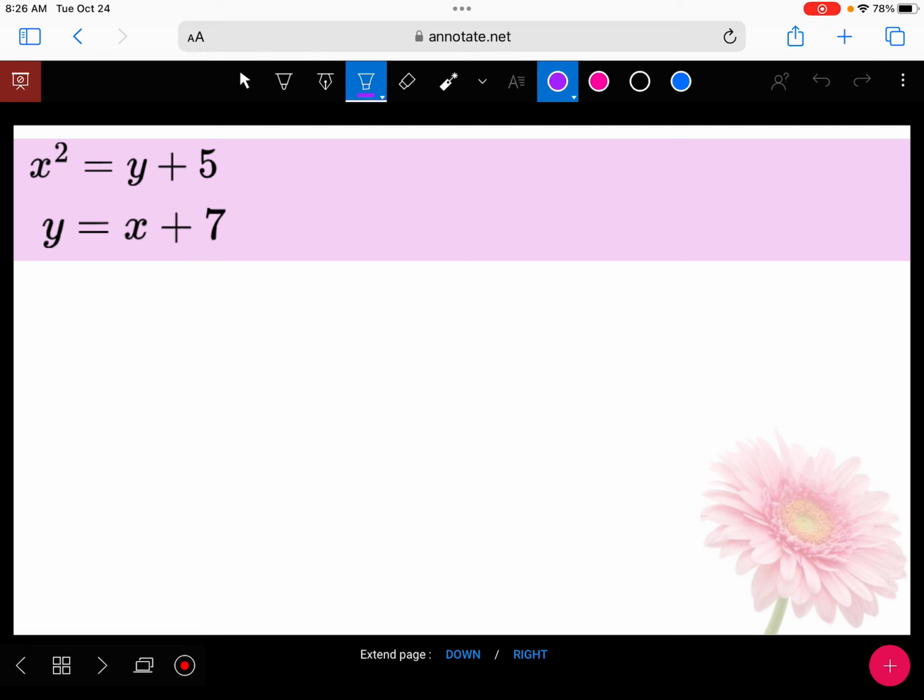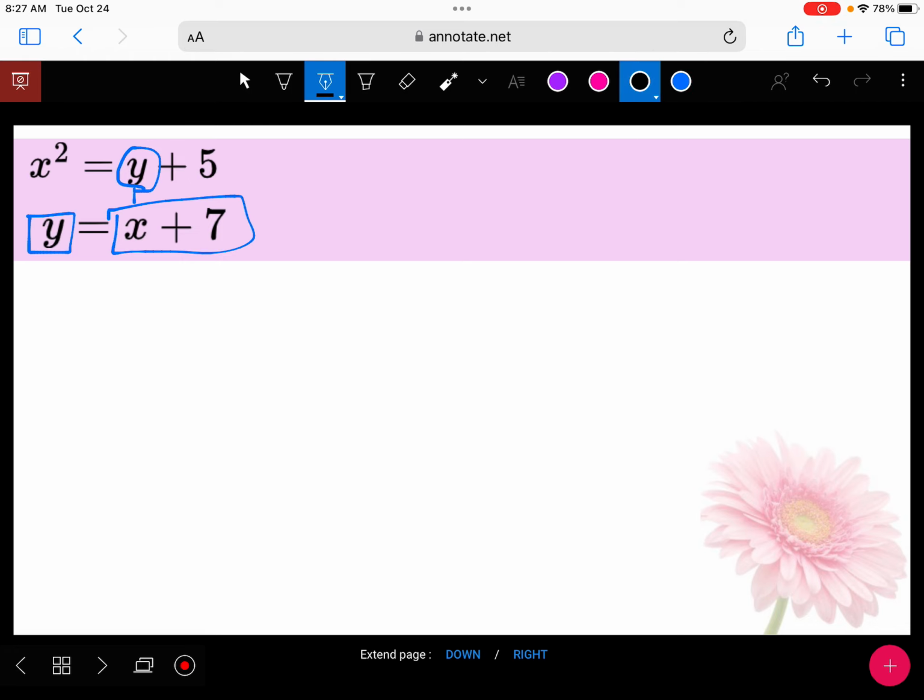What we have here is, once again, a y equals. I have my y equals this. So we can bring it up here and substitute it in place of this y.